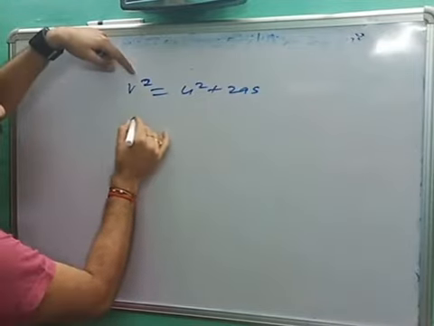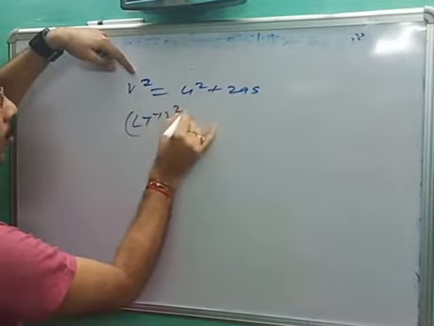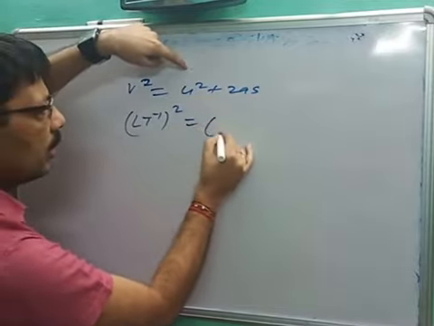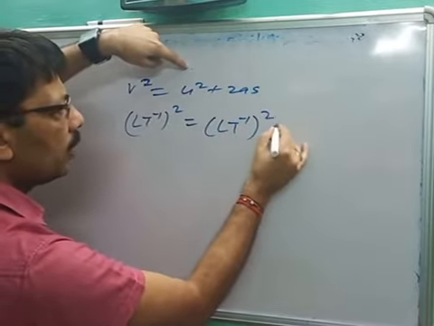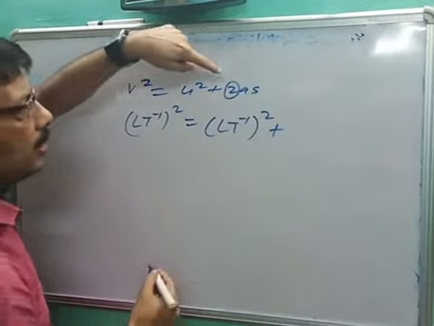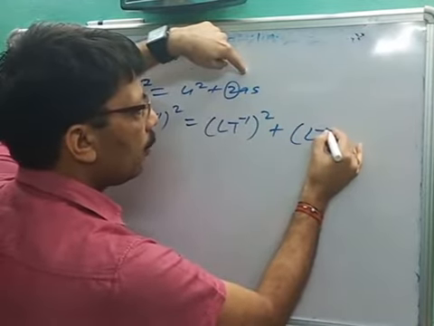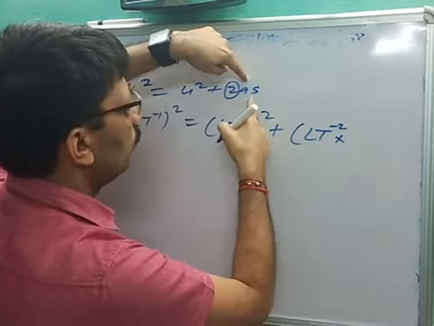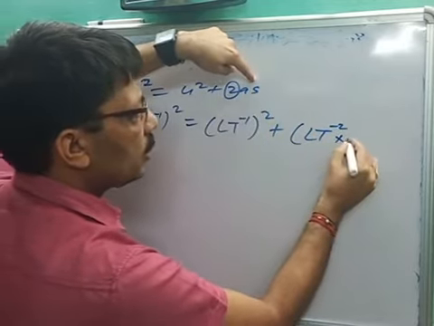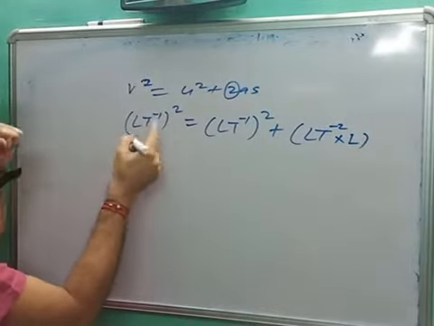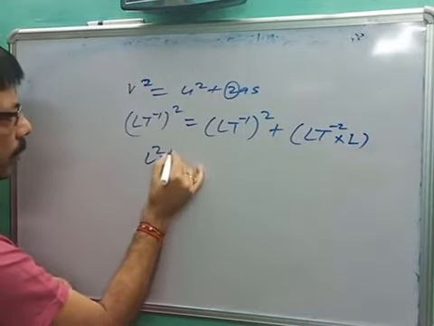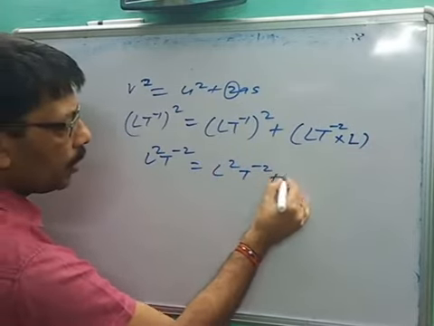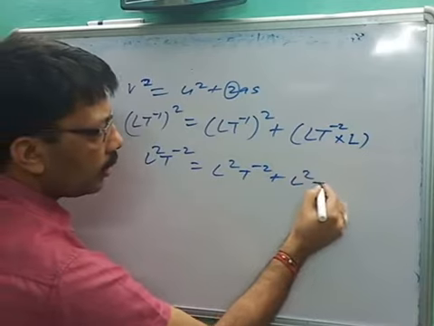V for velocity, Lt power minus 1 whole square, is equal to U for velocity, again Lt power minus 1 whole square, plus 2, which is not a physical quantity, A for Lt power minus 2, into S for L. Whole square, you will get L square T power minus 2 is equal to L square T power minus 2 plus L into L square T power minus 2.